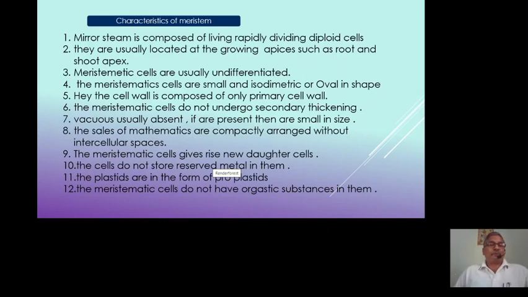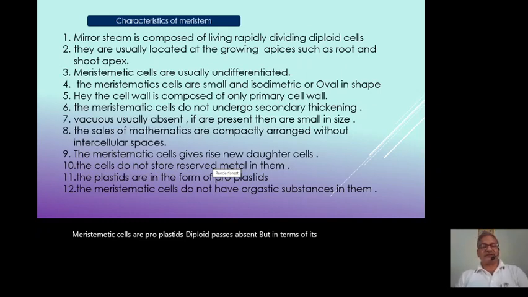The plastids present are proplastids. Generally, chloroplasts are absent. The meristematic cells do not have organic substances in them.